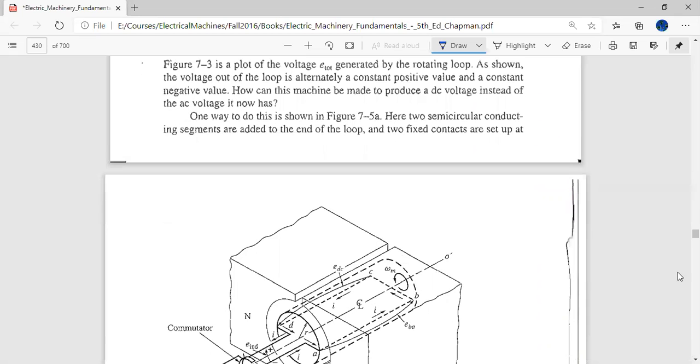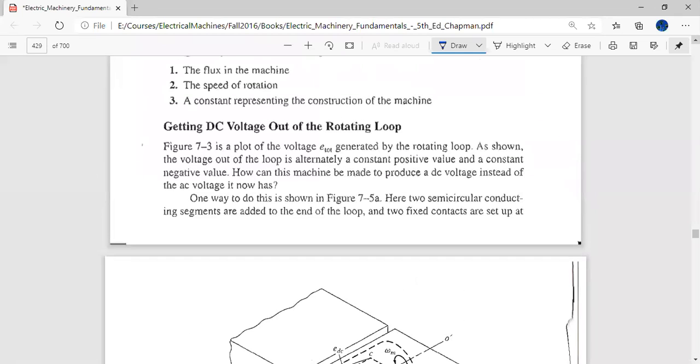So how can we get a DC voltage? We were getting a pulsating DC, or rather an alternating DC voltage, because the DC was also switching its direction, so you cannot exactly call it DC. It was a fluctuating AC you were getting out of it. So how can you get pure DC which doesn't change its direction?